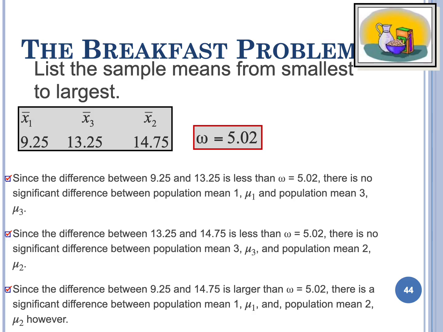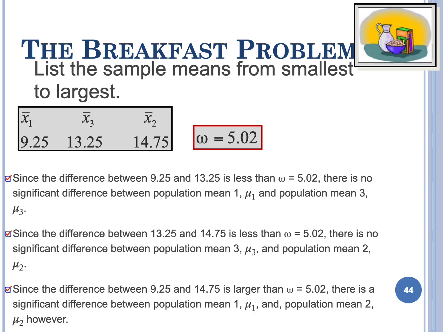Okay. The next one is the difference between the second and the third. With a quick calculation, it is 1.5. Therefore, it is still not larger than the omega value. Therefore, we conclude that there is no significant difference between population mean 3 and population mean 2.